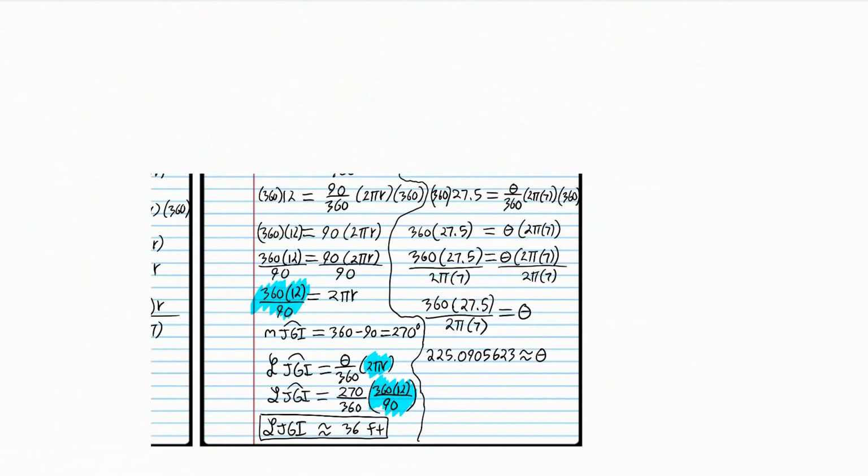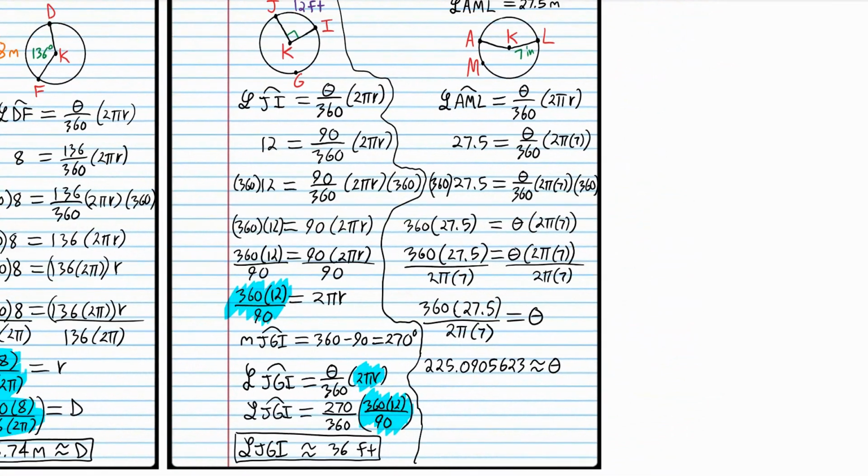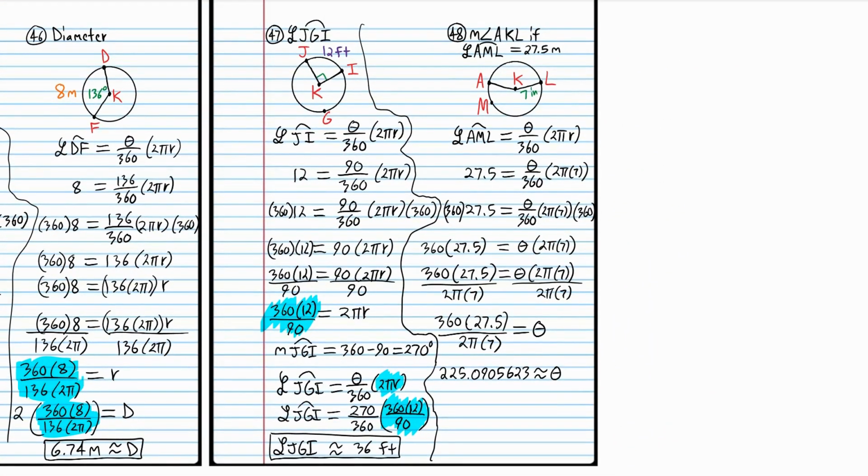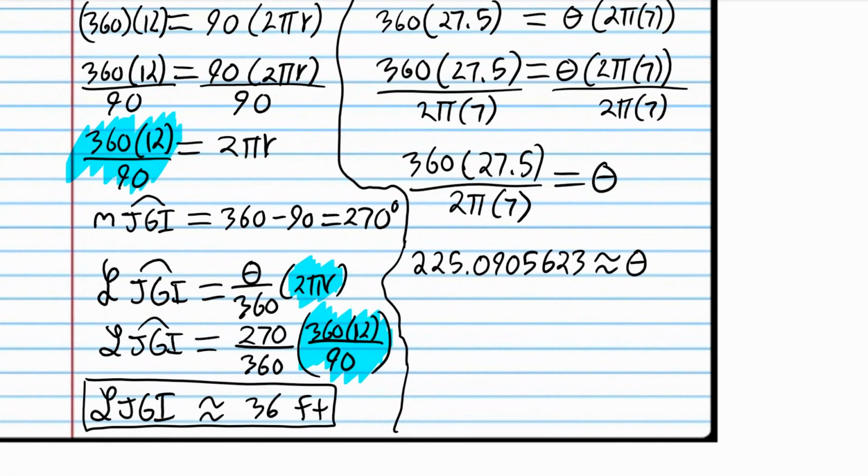All right, so now the actual angle we're looking for is the measure of angle AKL. So the measure of angle AKL is going to be equal to 360 minus all that stuff, 225 point, in fact, we can just say theta, so we don't have to plug in all those numbers.